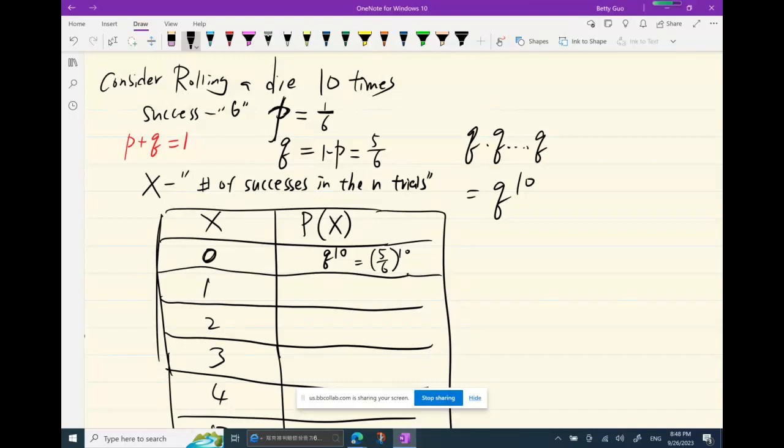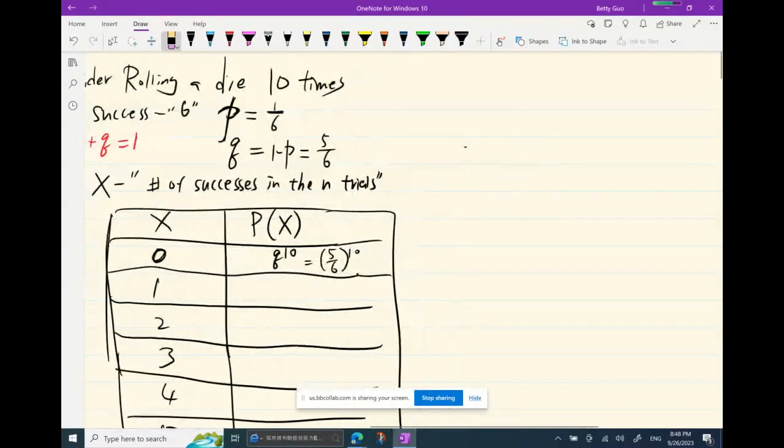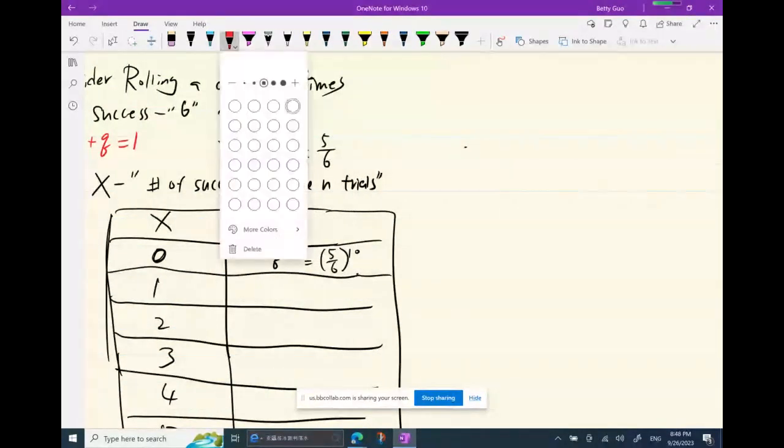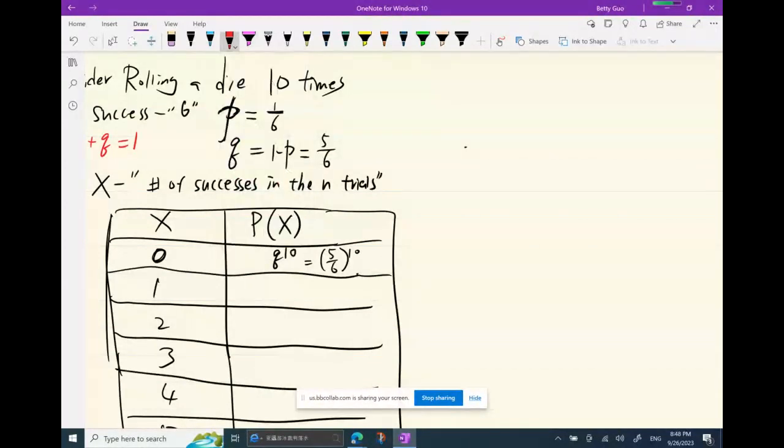Now let's move to the next row. What's the probability that X assumes 1? Let me slow down. It's okay if we don't finish. We're going to continue on Thursday, even though I really need to finish that. So what's the probability of X equals 1? Let me specify this.